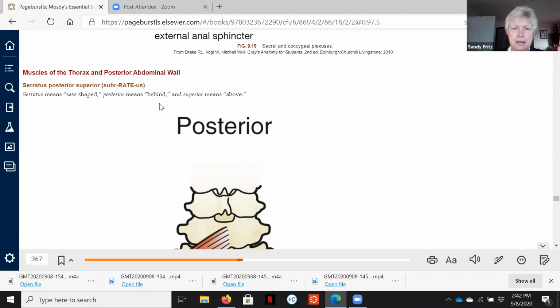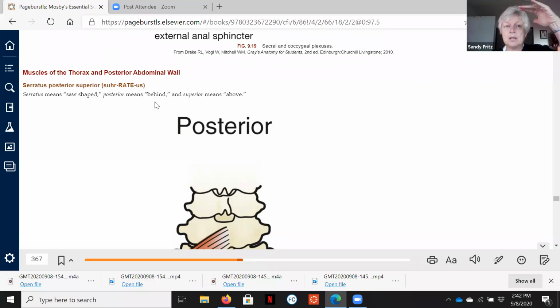Posterior means behind, and superior means above. So this is a saw-shaped structure on the back side of the body somewhere, but it's above something else. So that must mean that there is another muscle that it is located above.